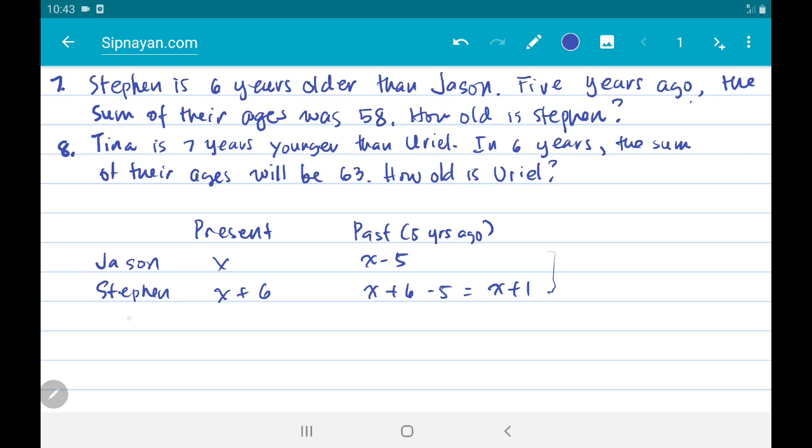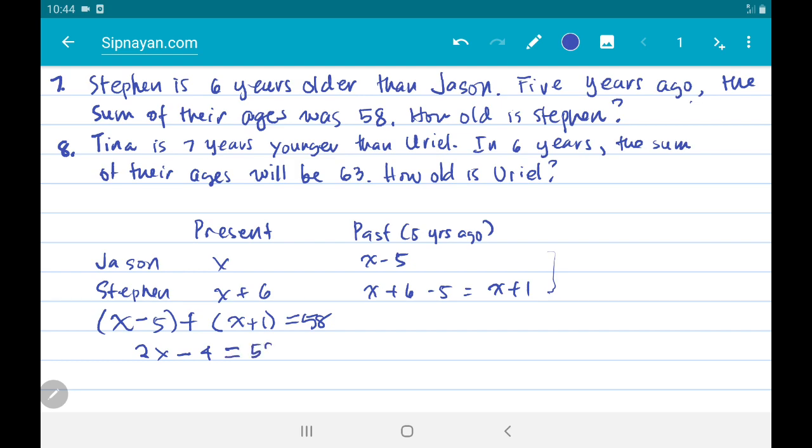So, x minus 5 plus x plus 1 equals ilan yun? 58, di ba? So, meaning, 2x, meron kang minus 5, tapos meron kang plus 1, di ba? So, magkakaroon ka ng minus 4. So, negative 5 plus 1 is negative 4.